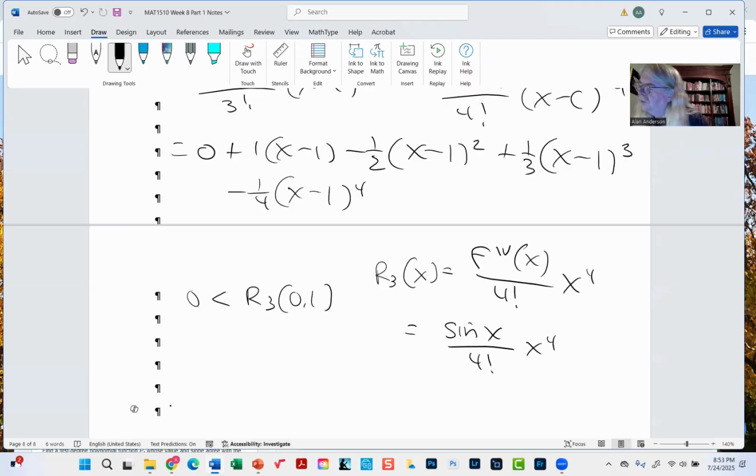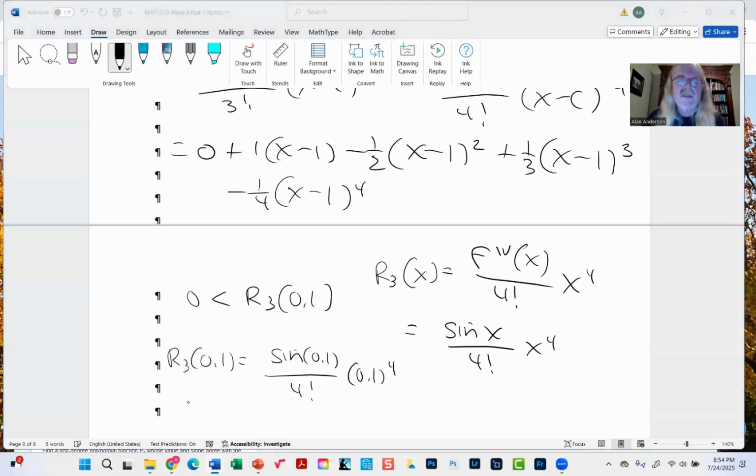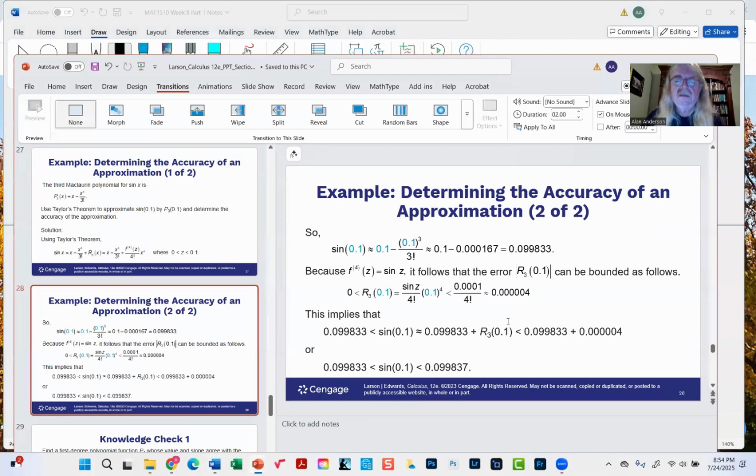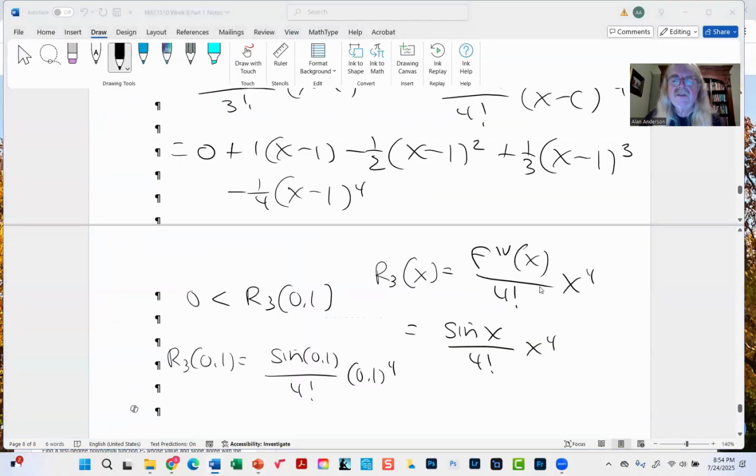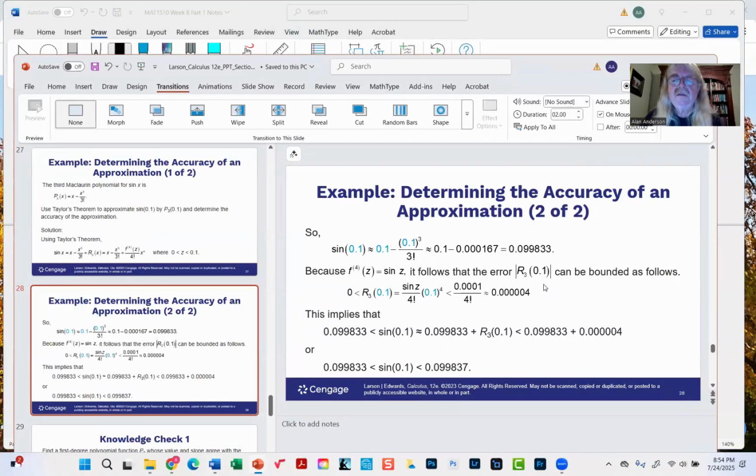So to do this at 0.1, okay. And they're helpfully showing us that it's approximately point, what is that? Five zeros.